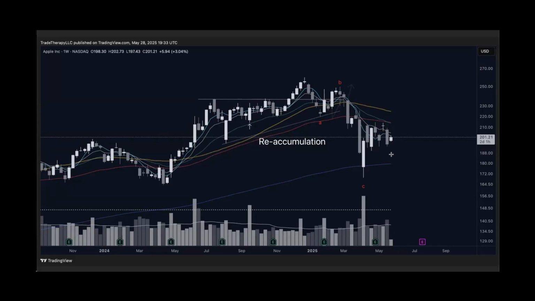So they will backtest to see if additional supply gets brought into the market that they will have to absorb. Assuming that does not happen, we'll expect to see probably 50% of this candle be covered right here, right around 188. That's the target that we're looking for in our trades, or potentially coming down and tapping the 200 weekly exponential moving average again. We'll see.